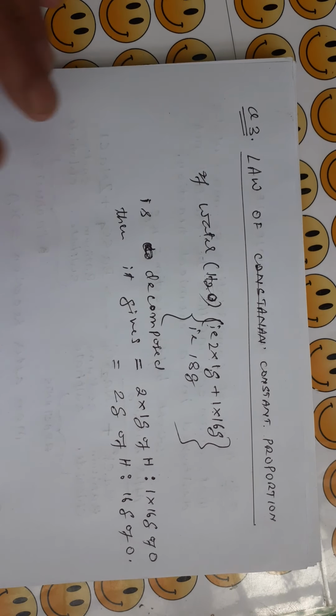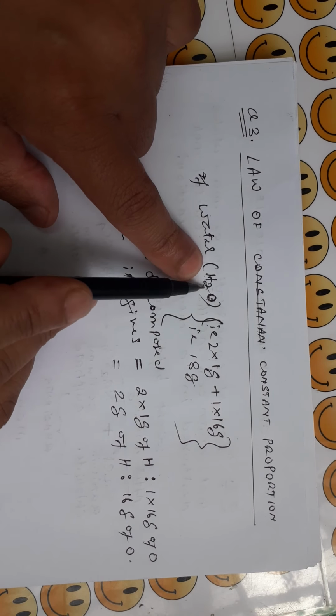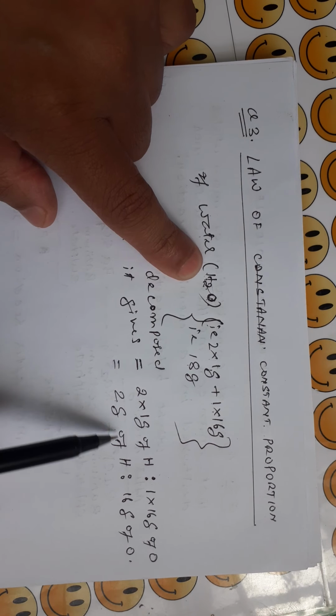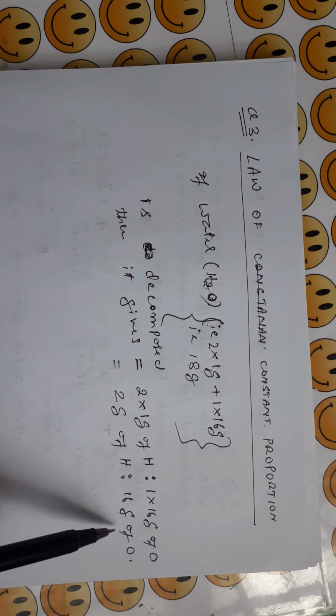So we learned that when we break up 18 gram of water, we get separately 2 gram of hydrogen and 16 gram of oxygen.